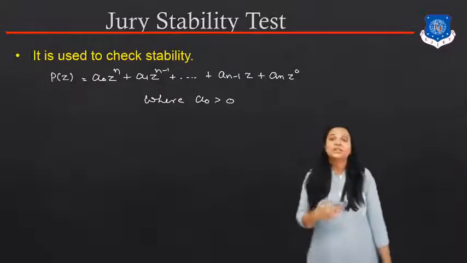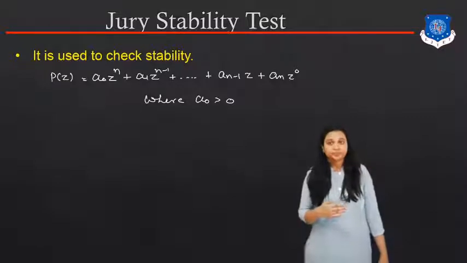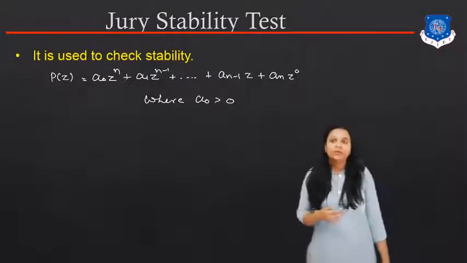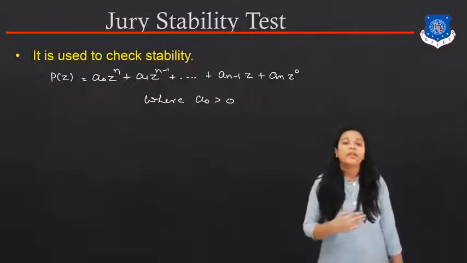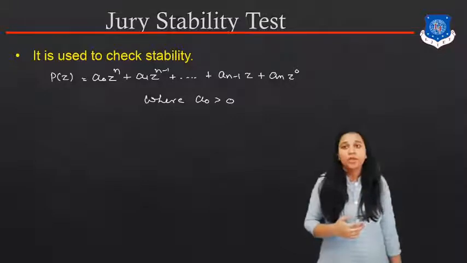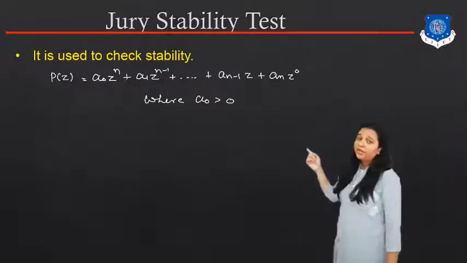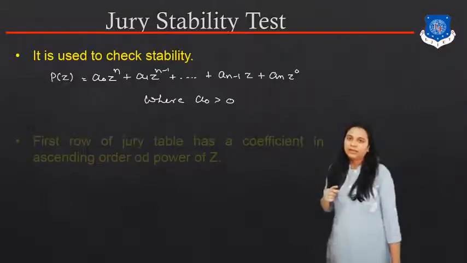To overcome this disadvantage, we can use a third method to find the stability, that is the root locus method, which we will study in the next session. So in today's topic, we check the stability using the Jury stability test.